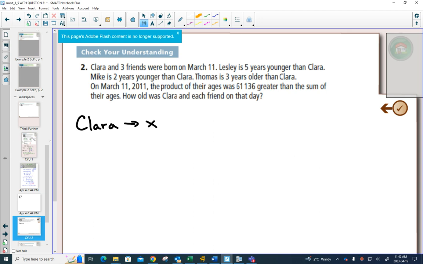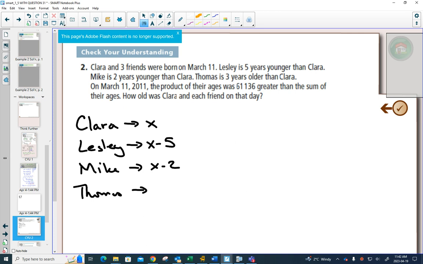Then from that, we know that Leslie is 5 years younger, so she will be X minus 5. Mike, 2 years younger, will be X minus 2, and Thomas, 3 years older, will be X plus 3. Perfect.